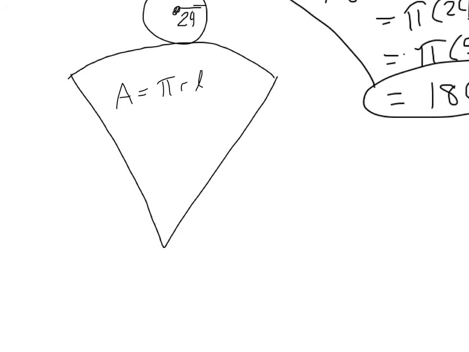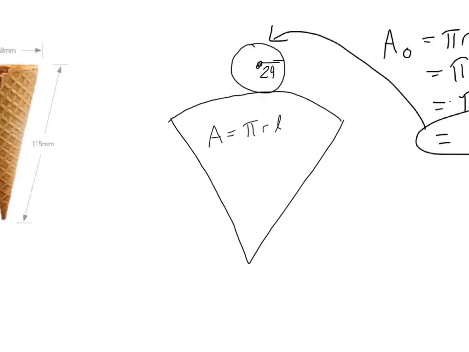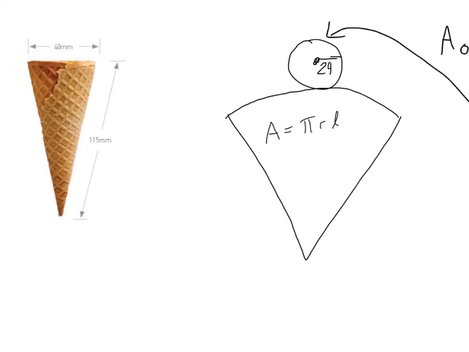The radius comes from this circle up here, and it's 24. So we'll be taking pi times 24 times the slant height. We go to the cone in the original picture, and they say it's 115 millimeters.